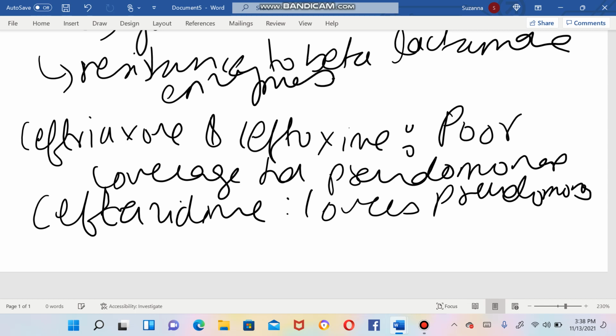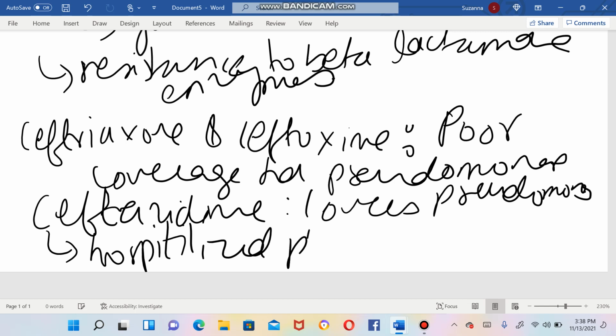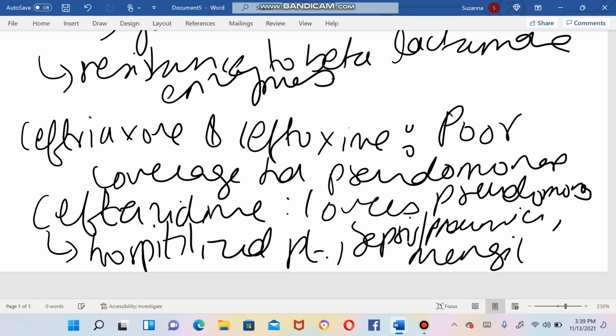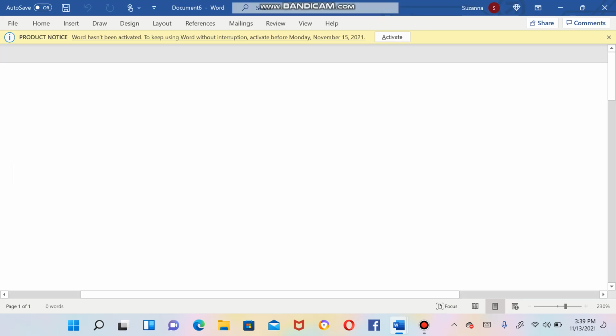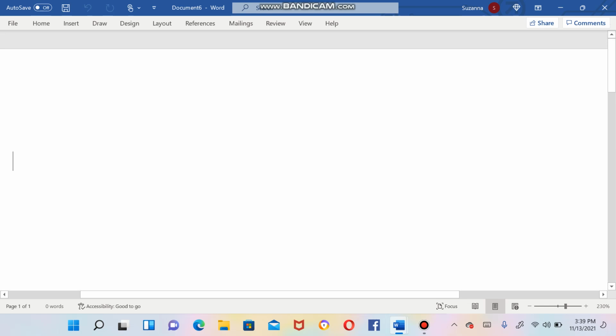So it is used in hospitalized patients to treat pneumonia and sepsis, and it is also used in meningitis because it has good CSF penetration.